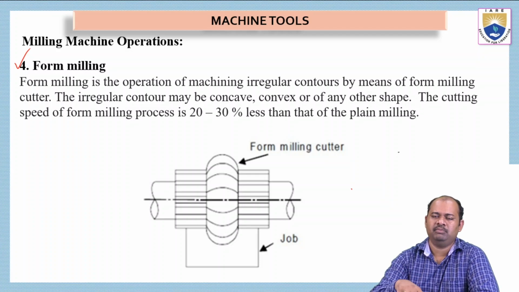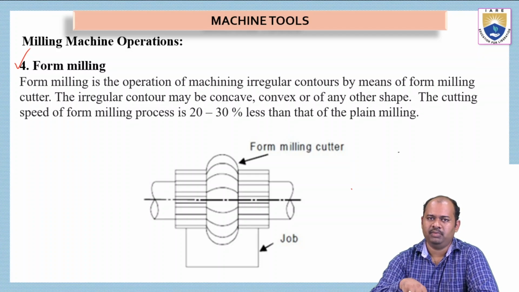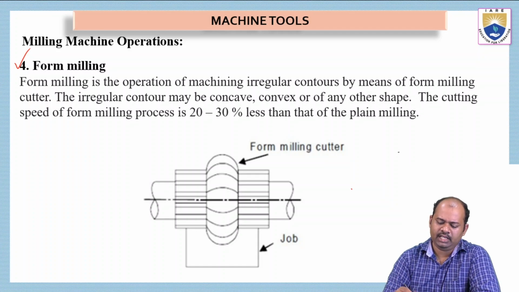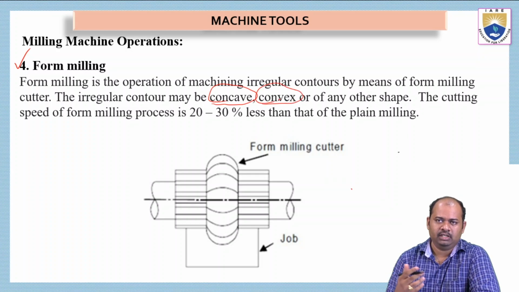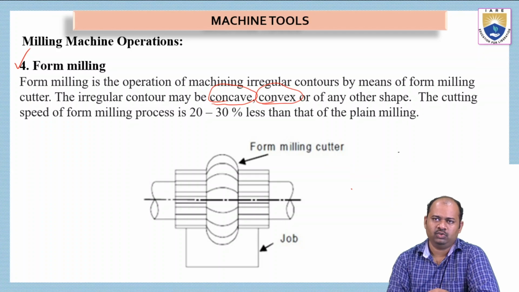Any irregular shapes can be machined on this form milling machine. The irregular contours may be concave, convex, or any other curved shape, and they can be easily milled by using form milling.